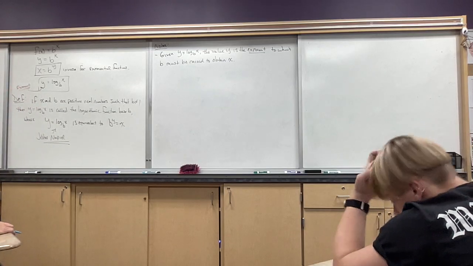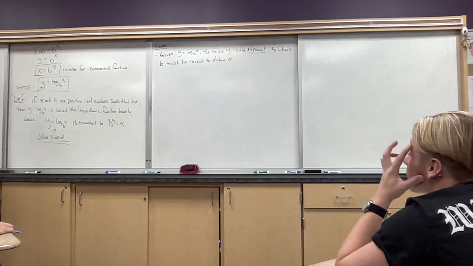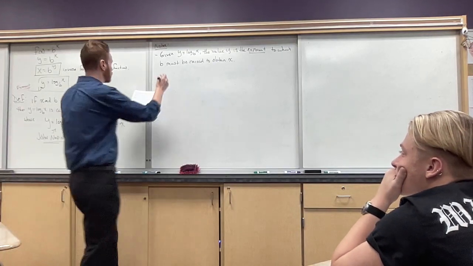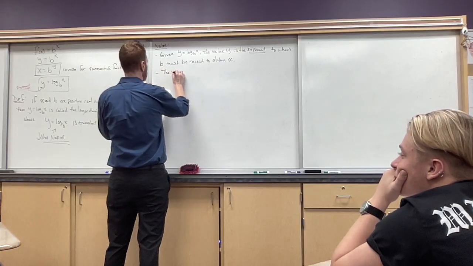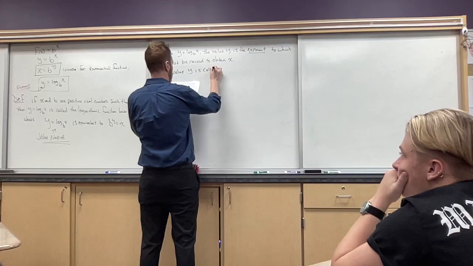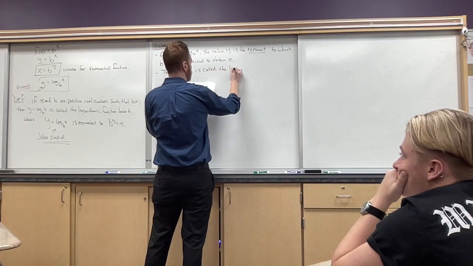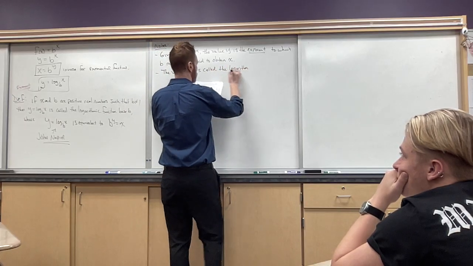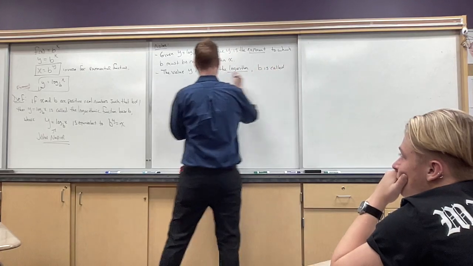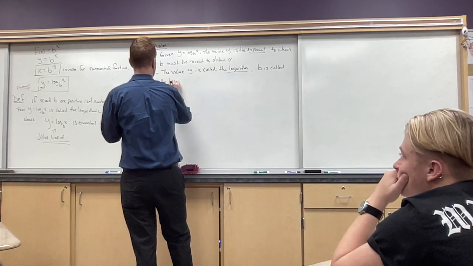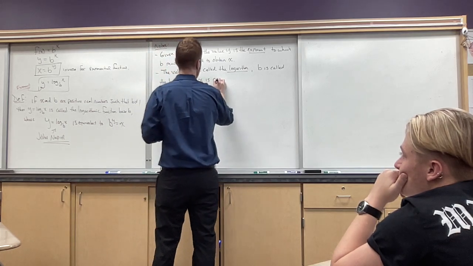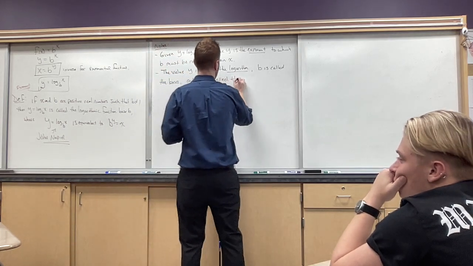So what exponent does b have to get raised to get x? Now, the value y is called the logarithm. b is called the base. And x is called the argument.